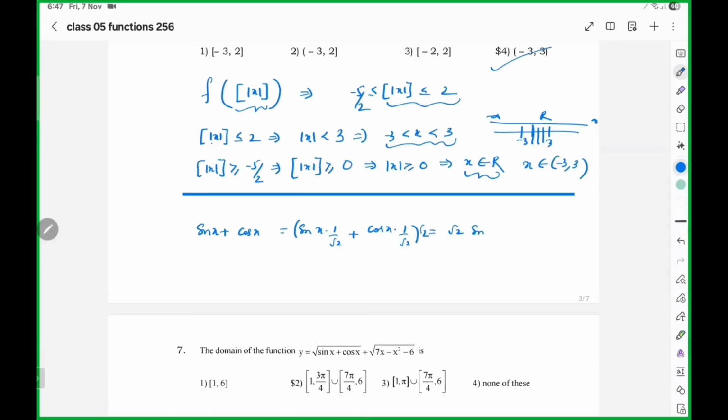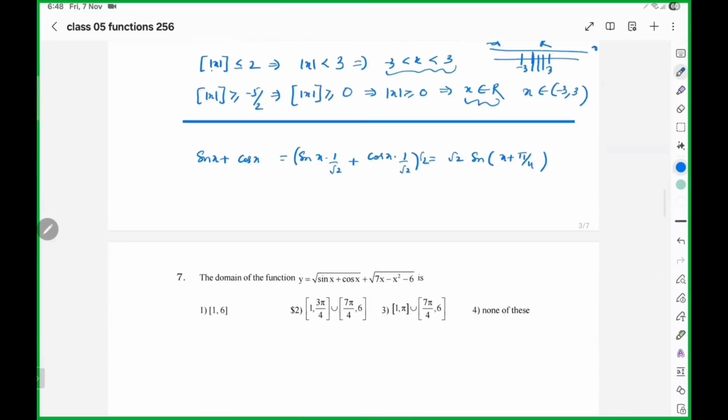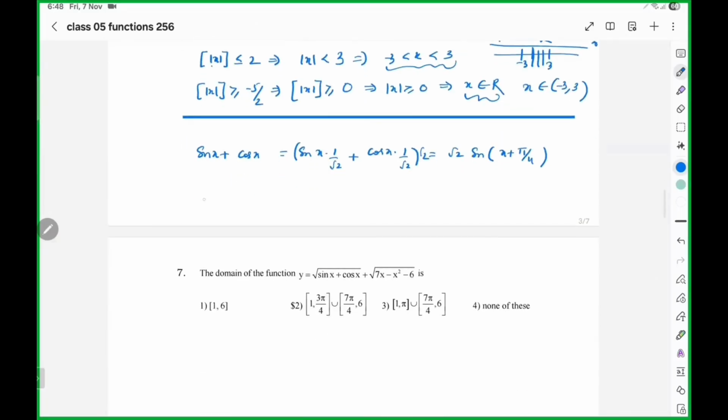That is root 2 of sin x cos 45 plus cos x sin 45. So sin x plus cos x, I can write it as root 2 sin of (x plus pi by 4).